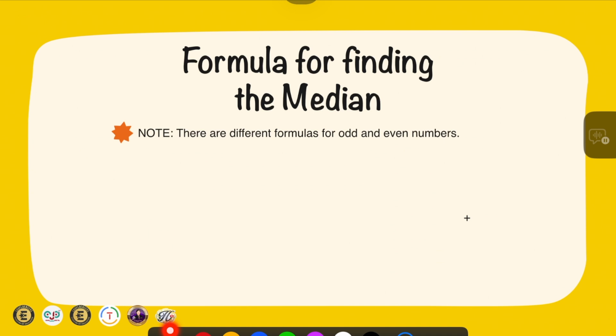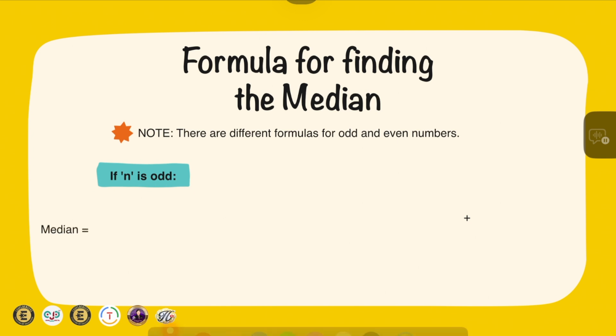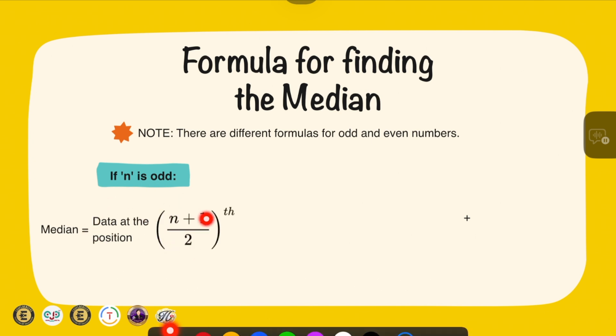Okay, so the formula to find the median in the frequency table, for odd or even. First the odd case: if n is an odd number, our median is equal to the data at position (n plus 1) over 2. Later we'll see how to use this formula.